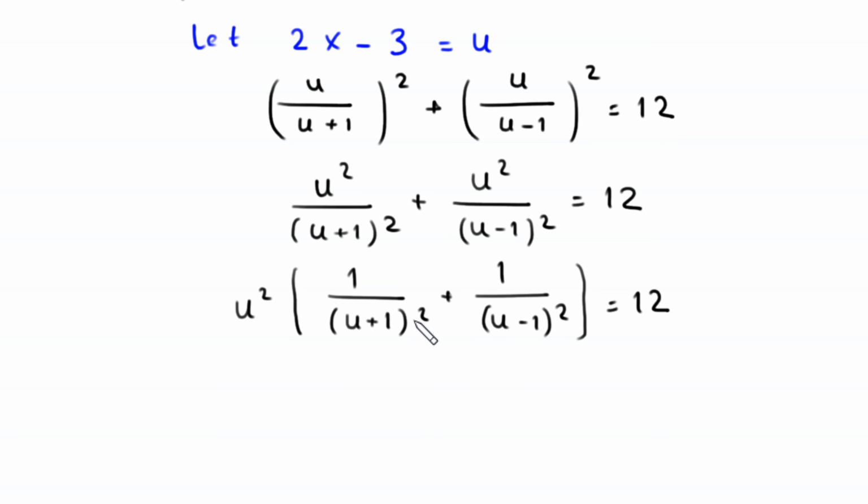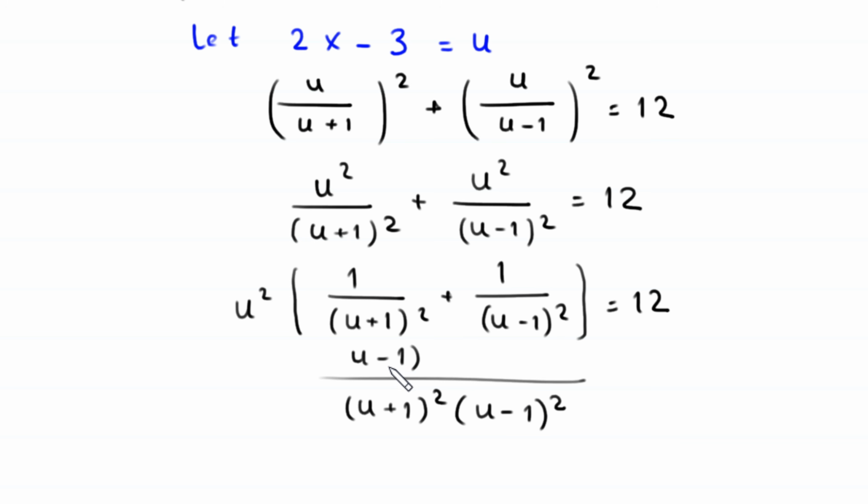Now we take the LCM of these two denominators, so the LCM is (u+1) whole squared times (u-1) whole squared. So this is (u-1) whole squared times 1, plus (u+1) whole squared times 1, and this times u squared equal to 12.